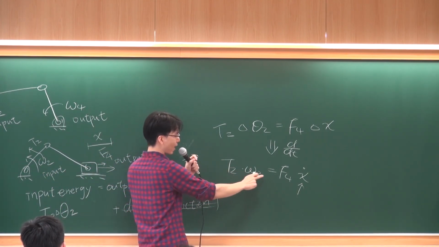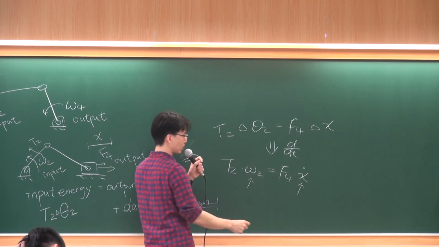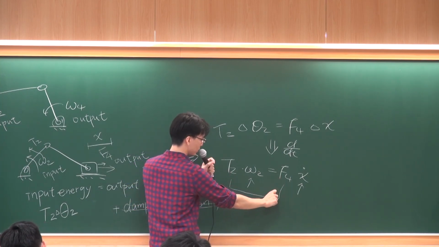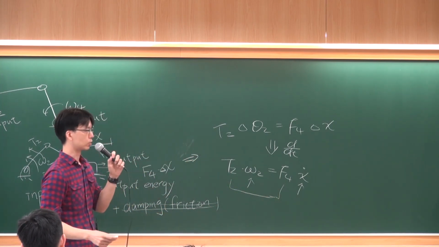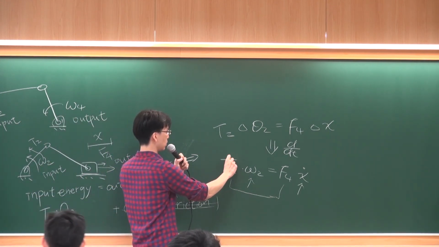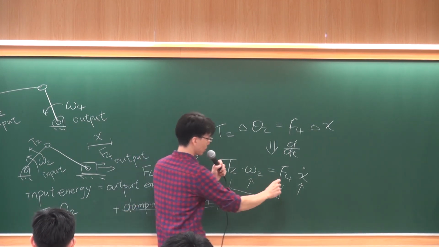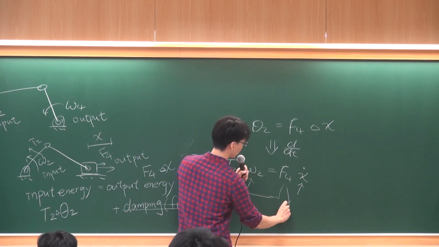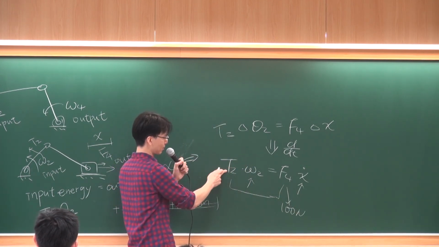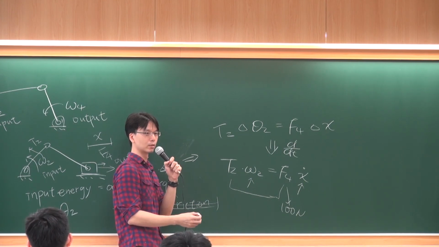Once we know the rotational velocity and this linear velocity, we can immediately get the ratio between T2 and F4. So let's say if I need 100 Newton, then you can immediately get how much you need to provide for T2.